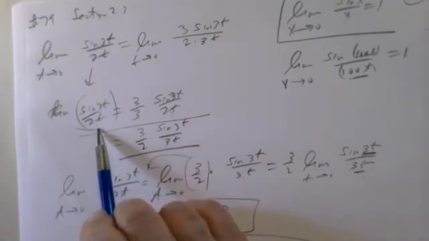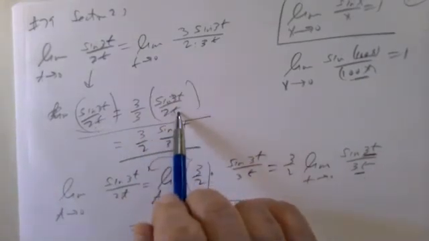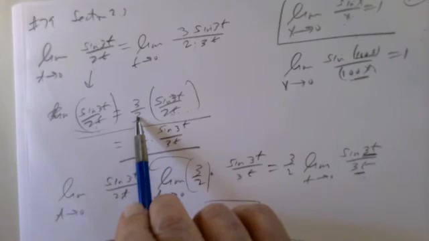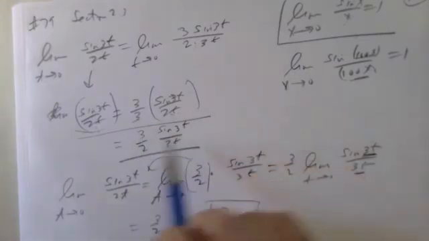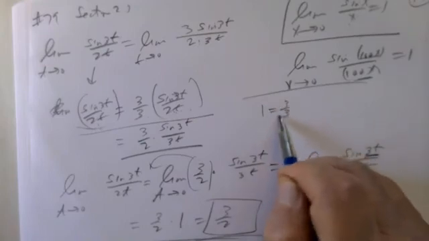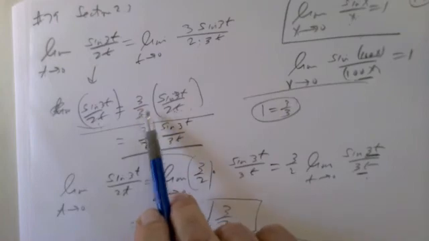Here I have the same thing. I didn't change it, right? In the parentheses. I multiplied it by 1, right? You can always multiply by 1, but 1 is also the same as 3/3. So I'm multiplying by 1, which is 3/3.